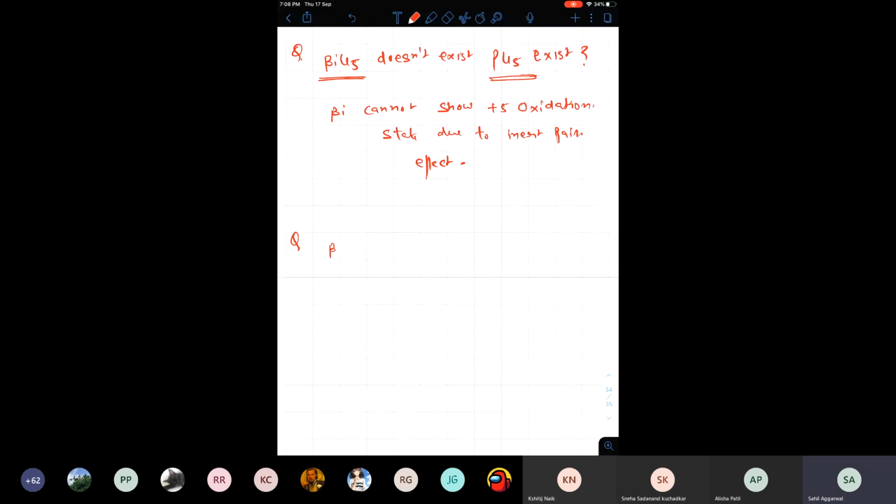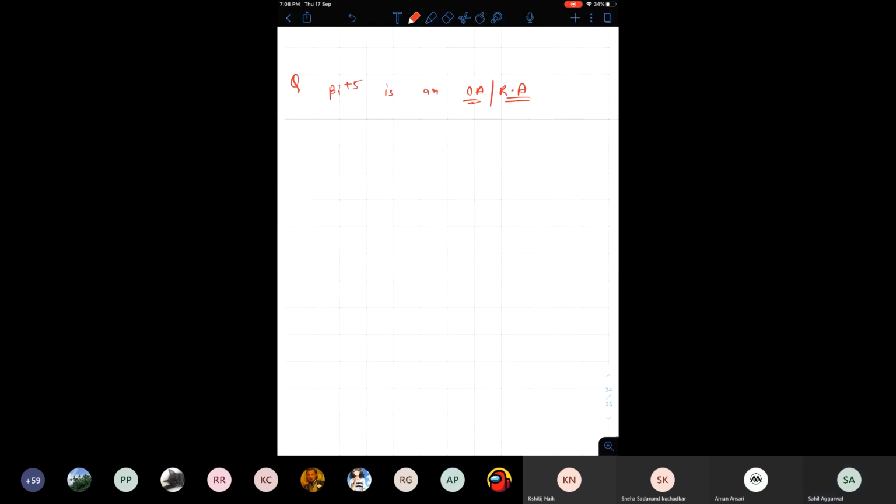Bi +5 is an oxidizing agent or reducing agent? Oxidizing.